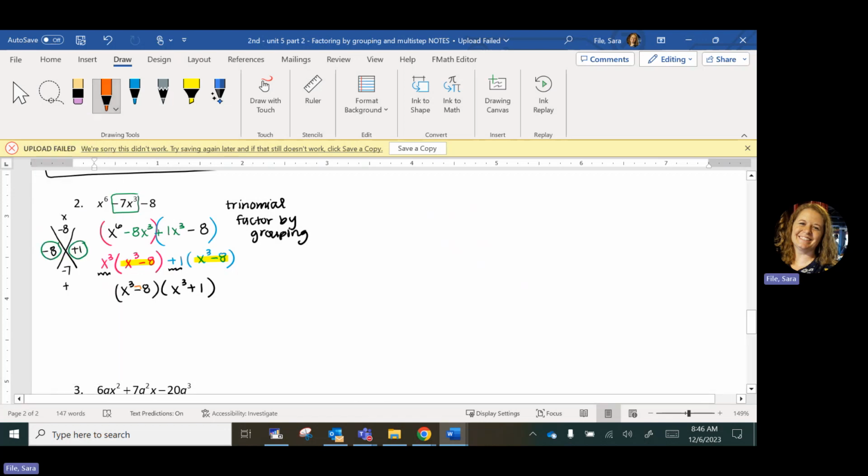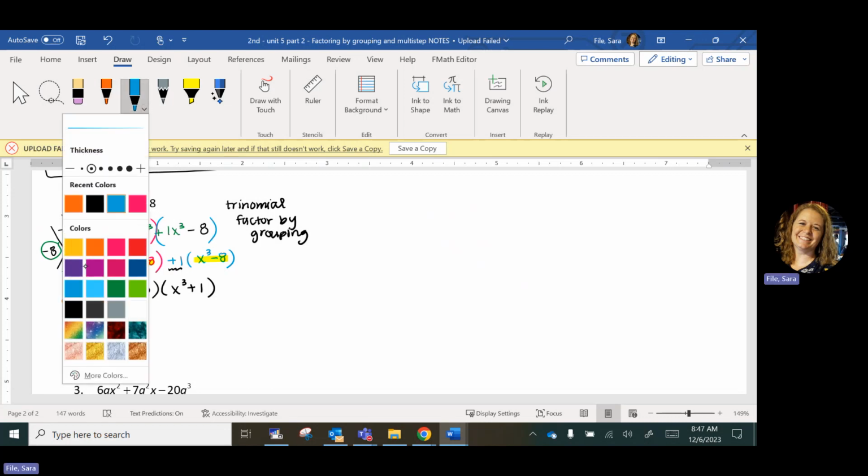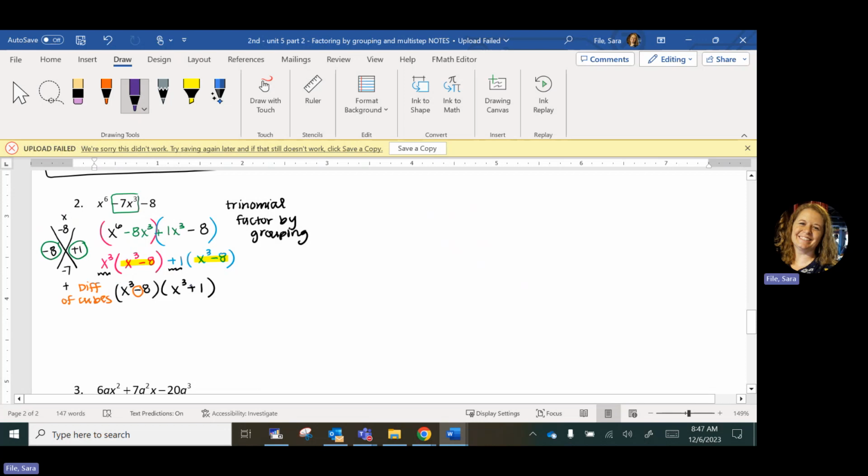This one is the difference of cubes. And this one is the sum of cubes. So I'm going to have to expand both of these a little bit further.